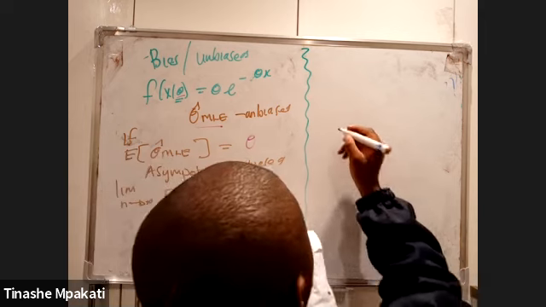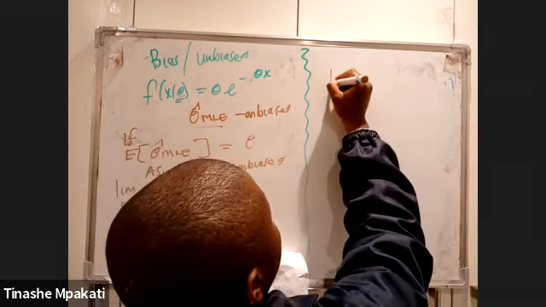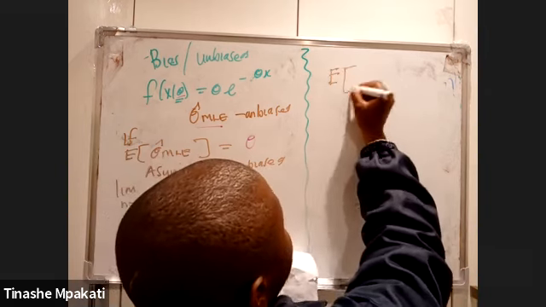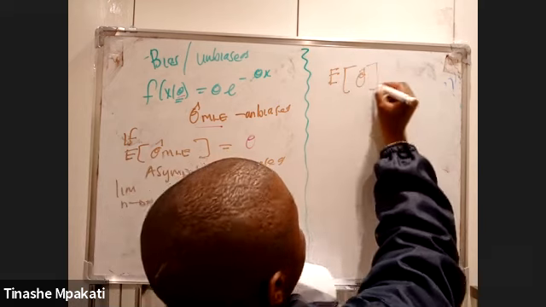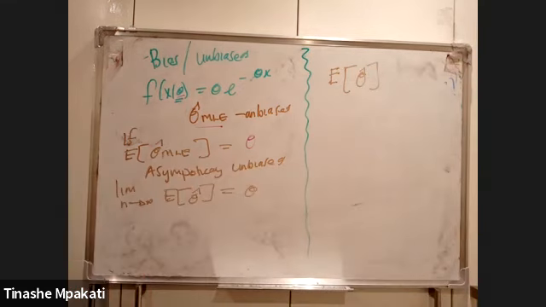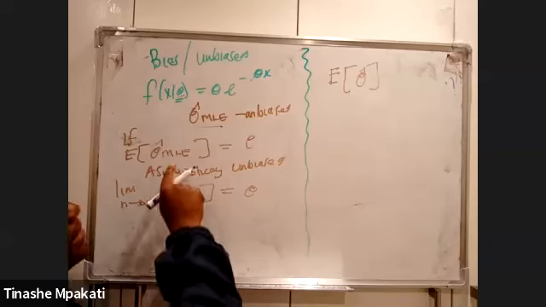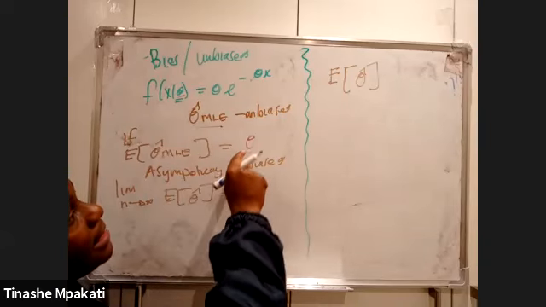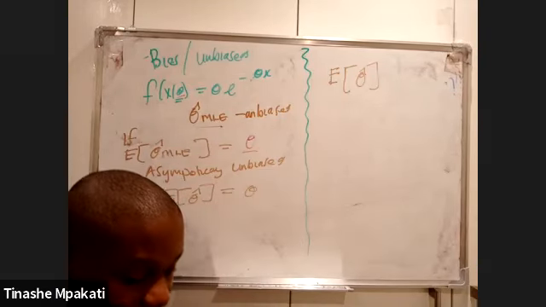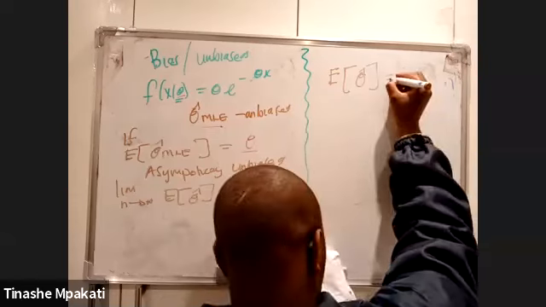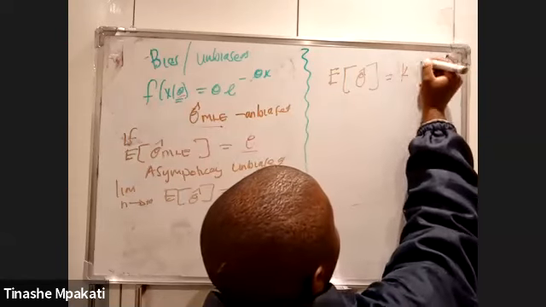Then just to quickly note this part, a question could ask you to find if this estimate is unbiased or not. And like we're saying, for it to be unbiased, it must give us theta. But let's consider a case where you actually get k theta.